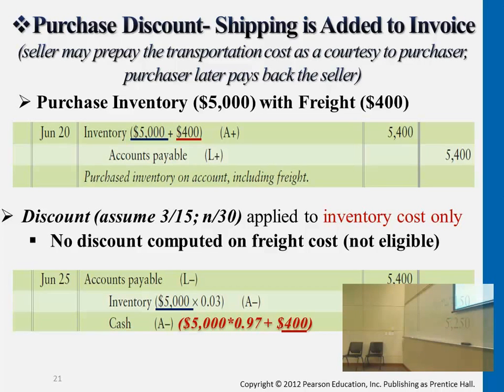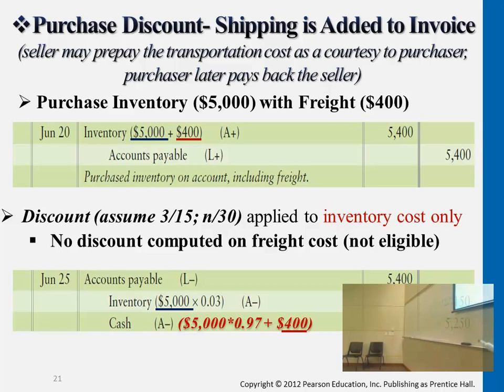If I pay within 15 days I get 3% off, but this 3% only applies to the $5,000 of inventory, not the whole $5,400. Once again, that $400 goes to another company, the transportation company, not the seller. So the discount only applies to the $5,000 inventory value.